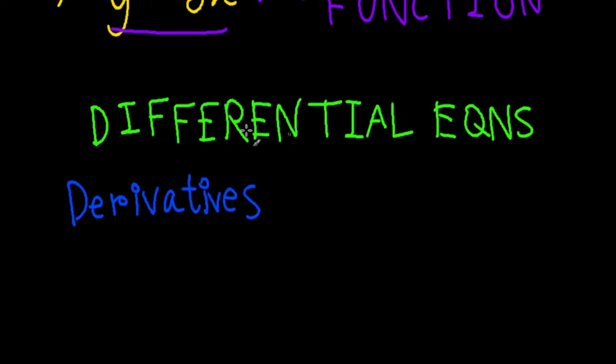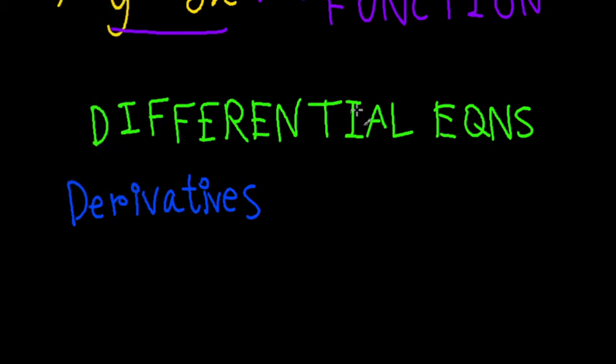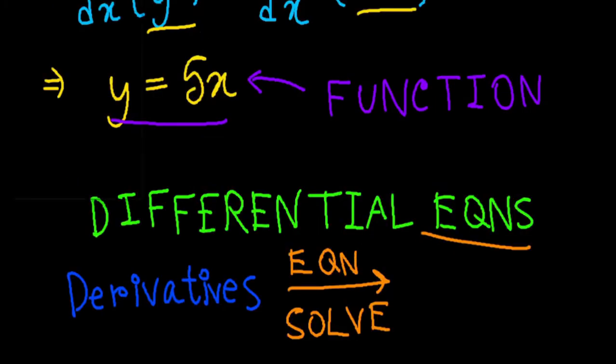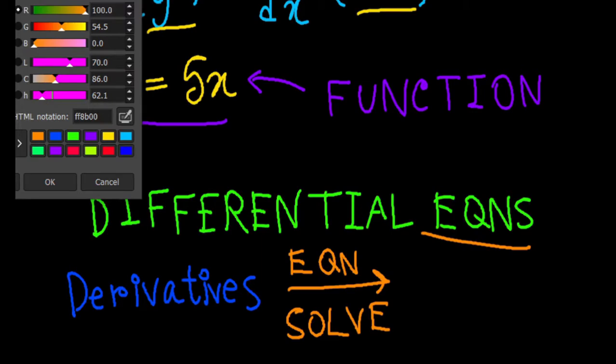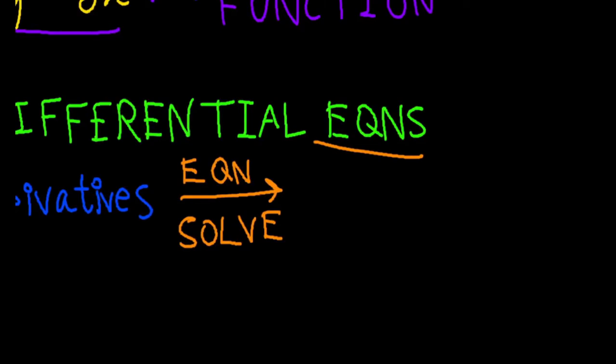As I said, it's an equation, going by the name. And if you solve it, the most important thing is you get a function as your answer, as your solution.